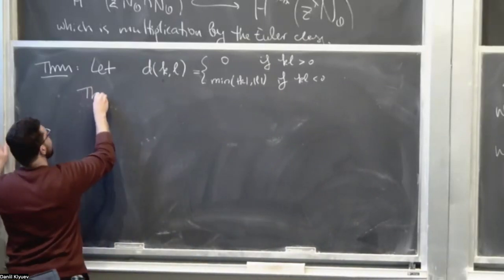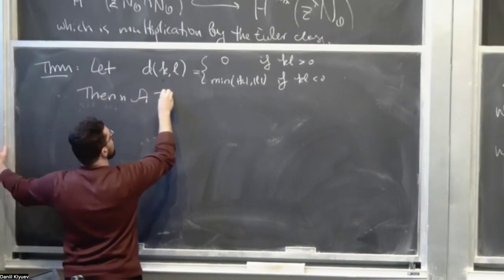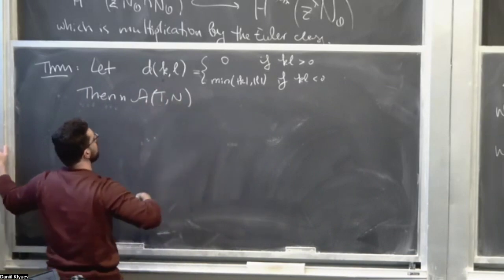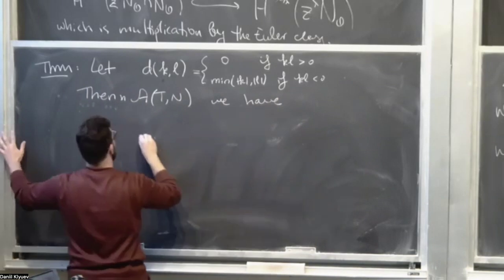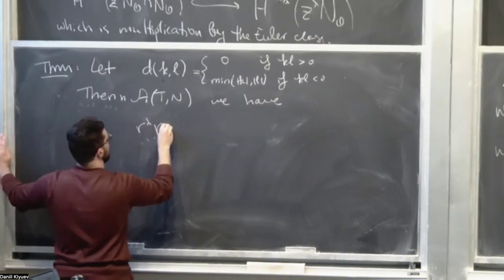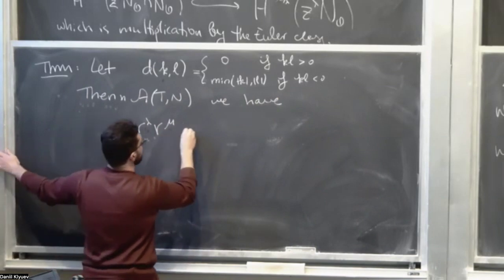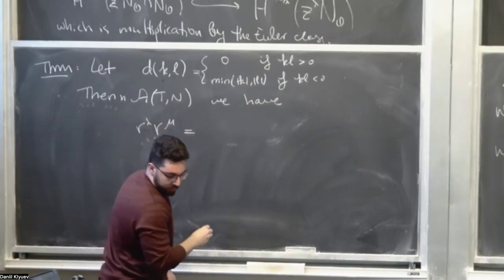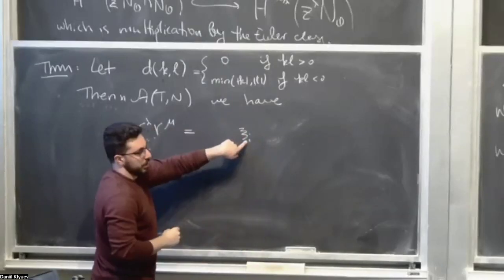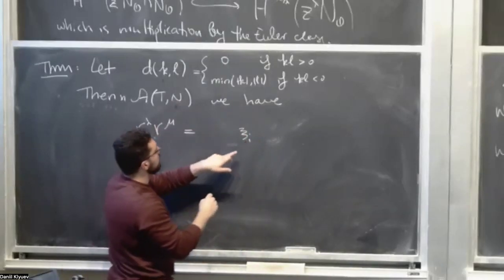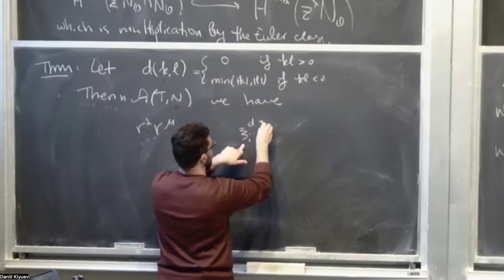Then in our abelian Coulomb branch, we have the following: r lambda times r mu, for two cocharacters lambda and mu, is equal to the following. Take C_i, the characters defining the representation N. You raise them to the power of D of the values on lambda and mu.